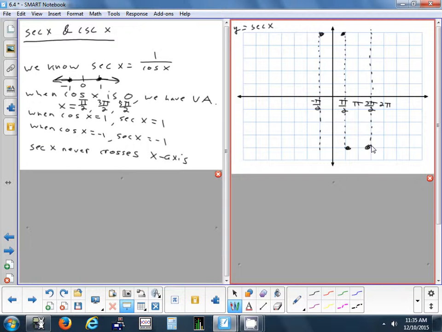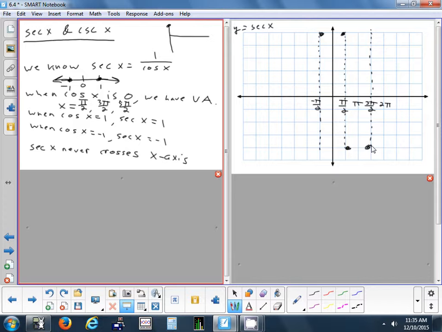Somebody give me a value that I can take the cosine of, and it'll come out to 1. Cosine of 0. Yeah, cosine of 0. Think about your graph of cosine. Starts up here, comes down, goes back up.